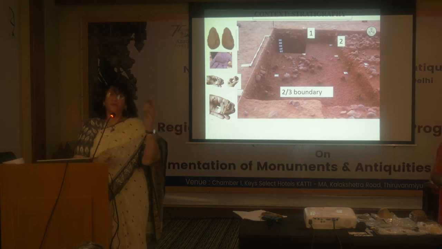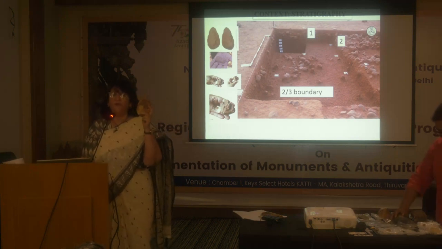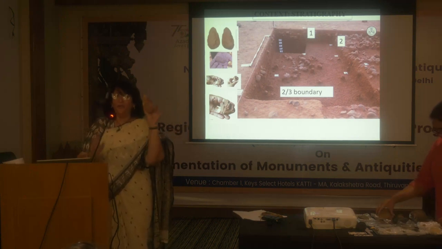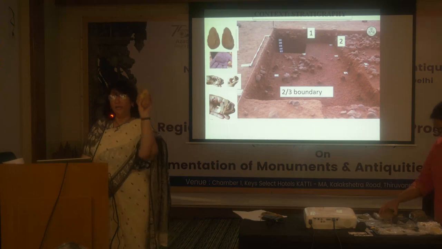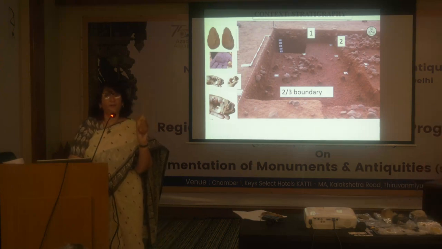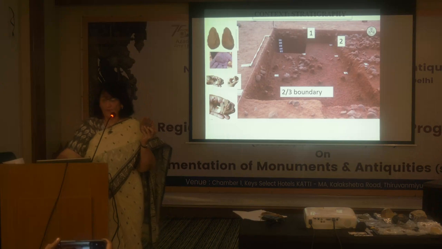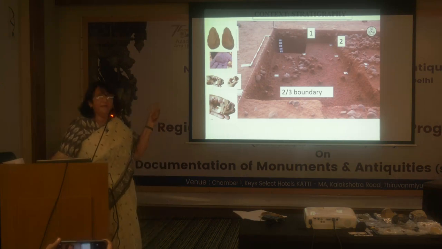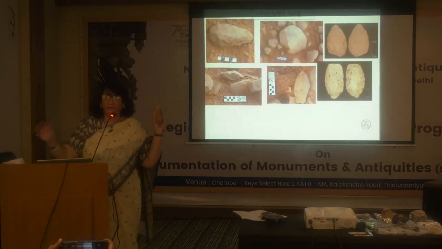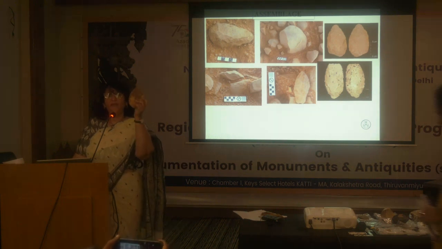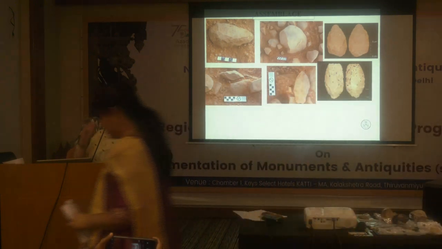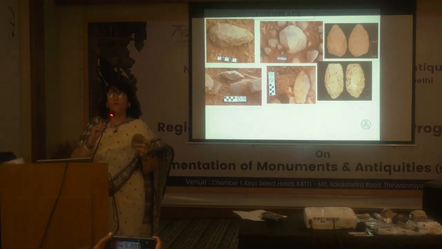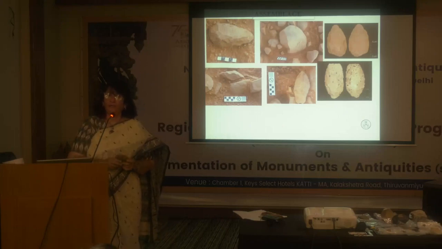So now the question also arises that when you are looking at an individual artifact, you must think of the context of the assemblage. What do I mean by that? Things occur always with other things. So based on a single artifact, sometimes it's extremely difficult to identify the cultural phase.